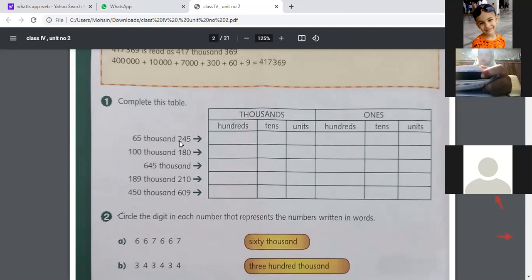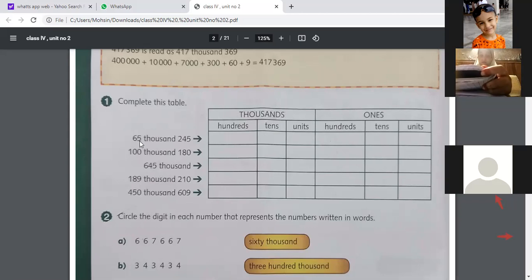Then we have 2. We know it is in the hundreds place, so we are going to write it under hundreds. Then you can see we have 65,000, so we write under the thousands one. Now in thousands, the first one is unit. This 5 is unit, it means only 1,000.